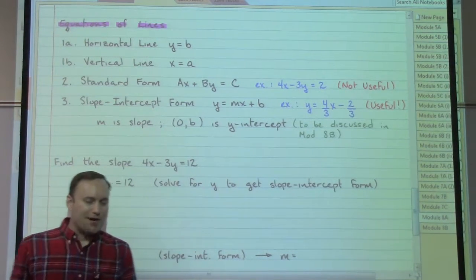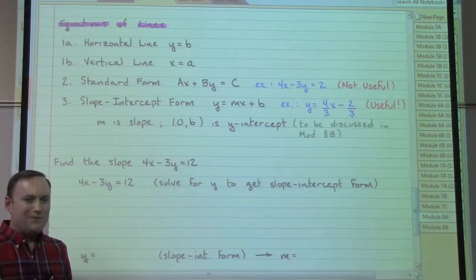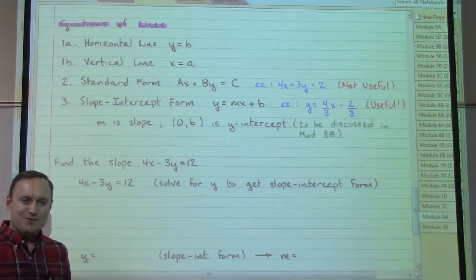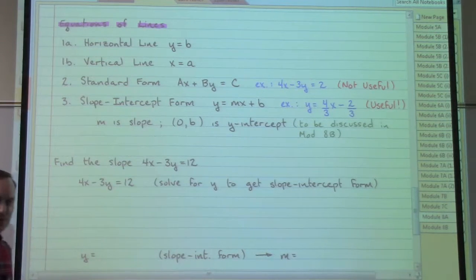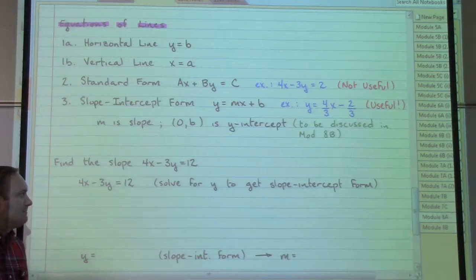And this would turn out to be, for the most part, far less work for us than trying to find 2 points for us to use in our slope formula.